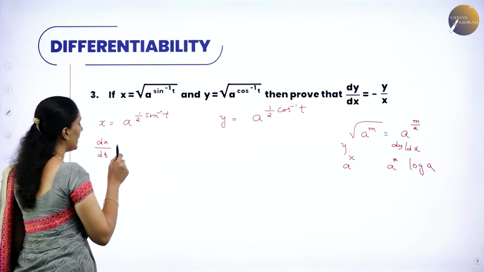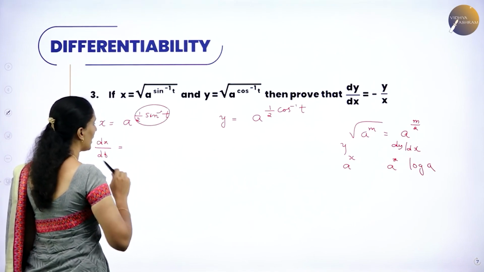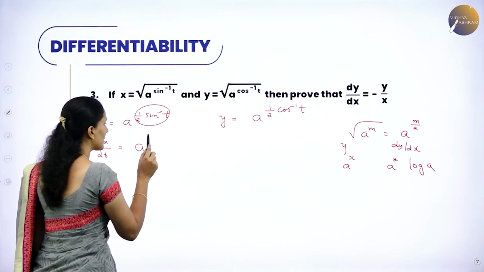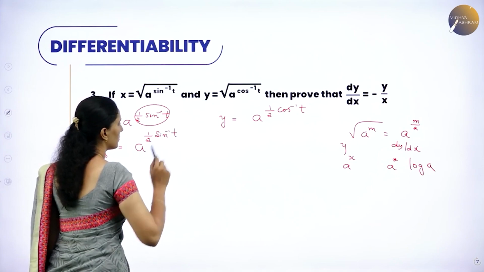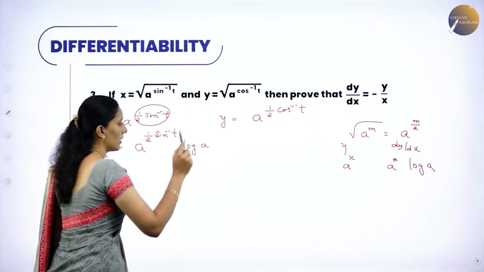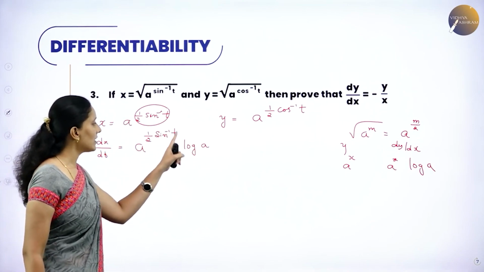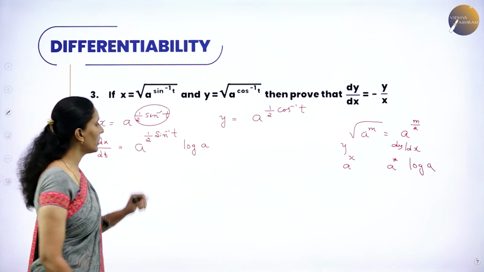Now dx by dt is, if you take this as a power x, then it can be written as a power x into log a. But x is not just simply x here, it is half sine inverse t. So that is why you have to differentiate it again.